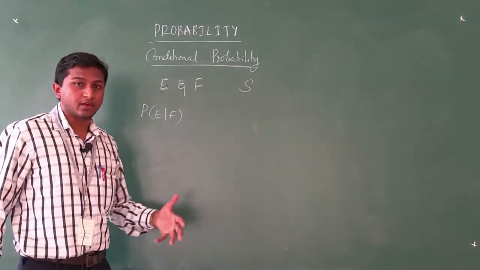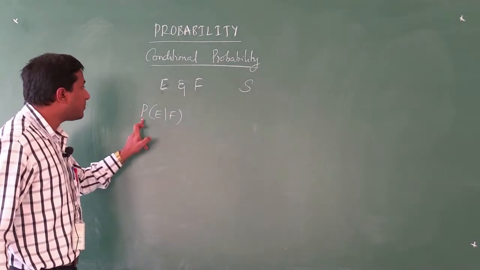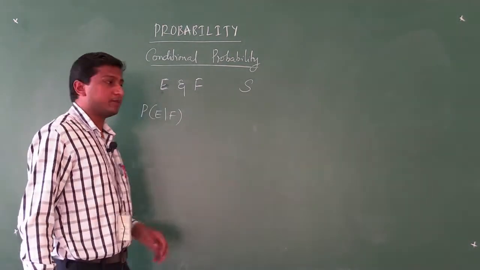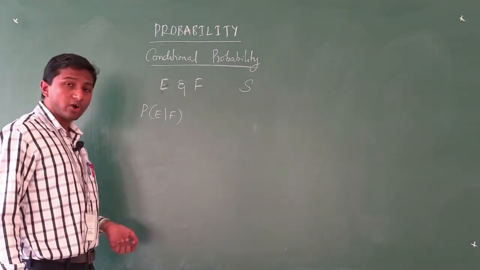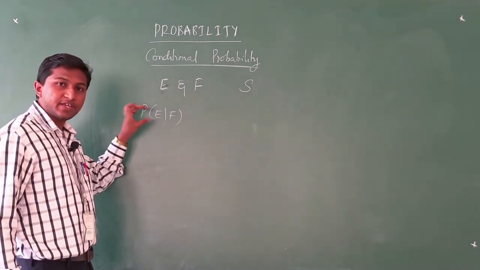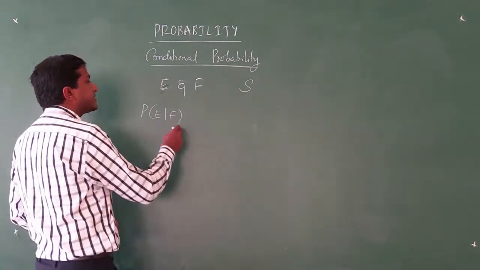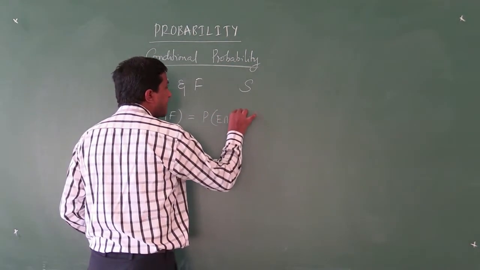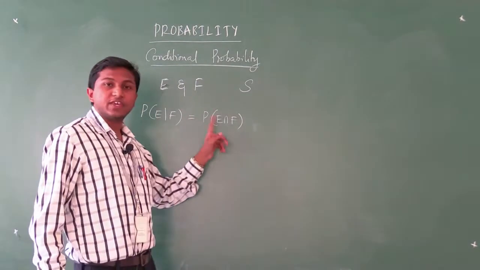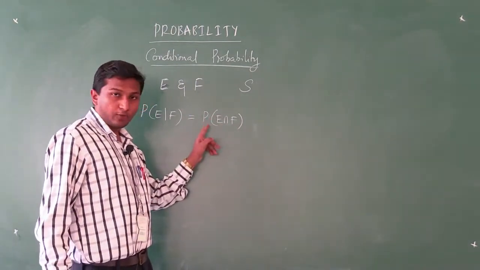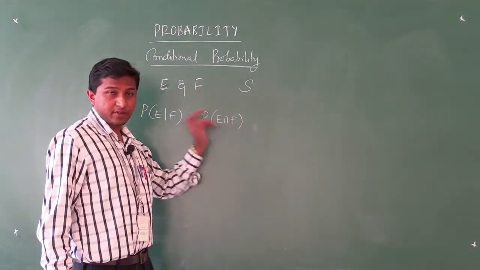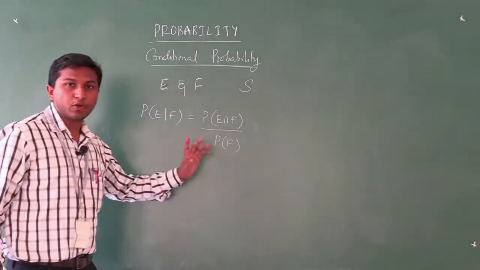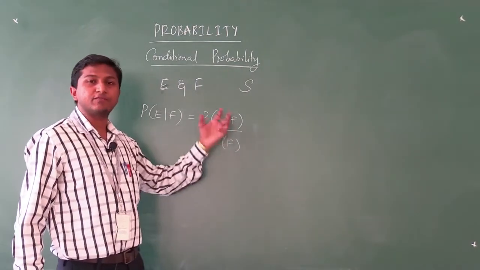So coming back to the definition, the conditional probability of event E with respect to event F is equal to the probability of the event E and F, whose notation is P of E intersection F, whole divided by P of F.